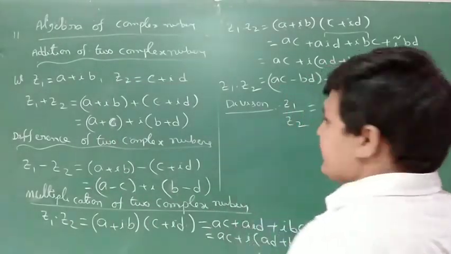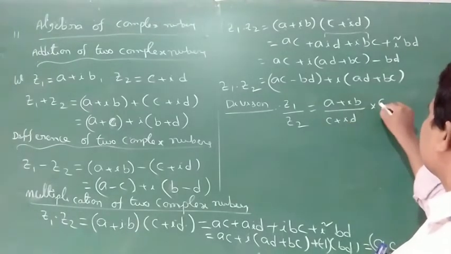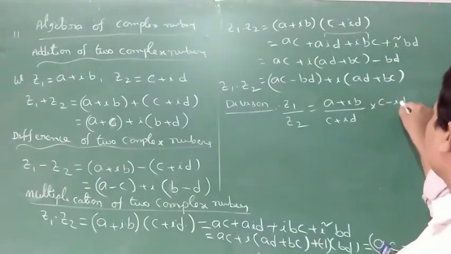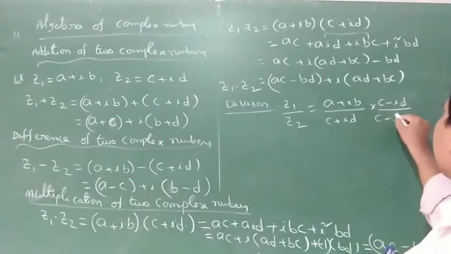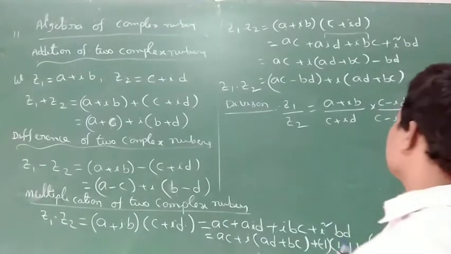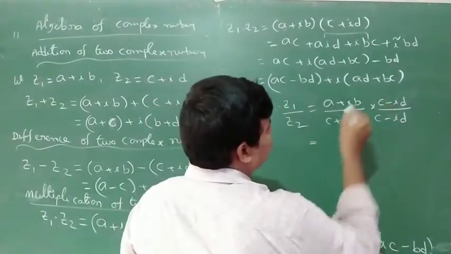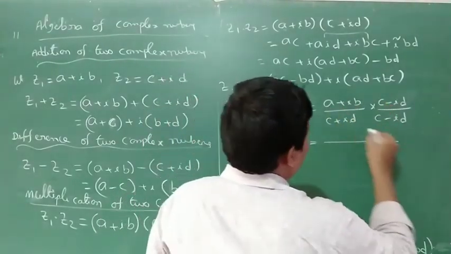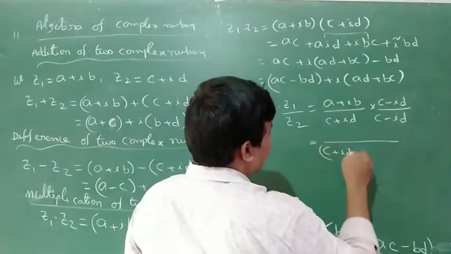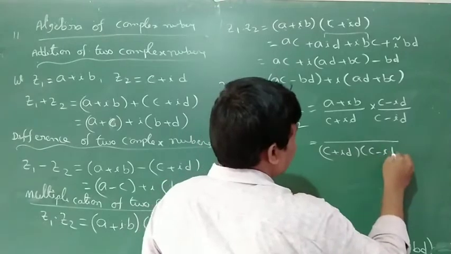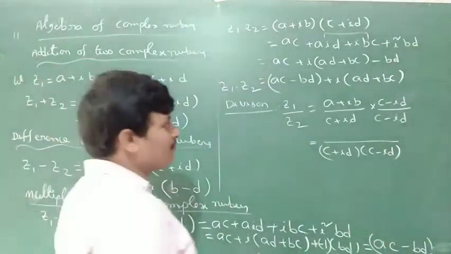So rationalization: multiply by c minus id over c minus id, rationalization with c minus id. So that is equal to a plus ib into c minus id, over c plus id into c minus id, LCM.